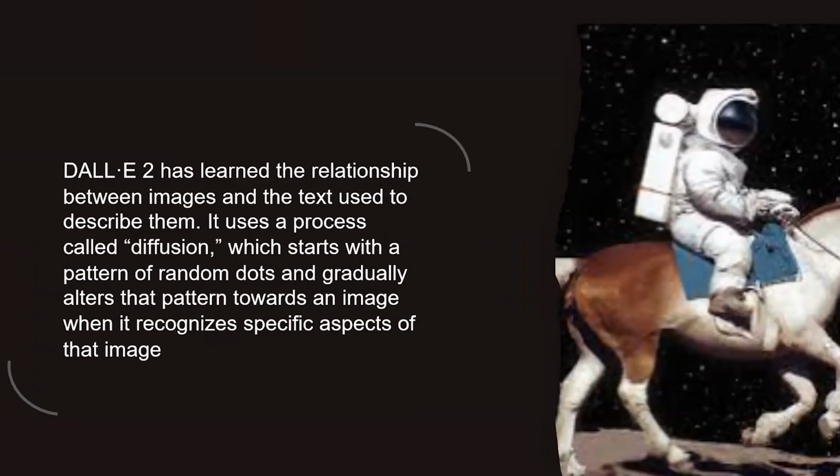Also, DALL-E 2 has learned the relationship between the image and the text the user described. It's a diffusion model. As I mentioned before, why we want to use the API is just because it's really easy to use, it has high quality images, and also GPU enabled for faster generation. So this is basically why we use that.